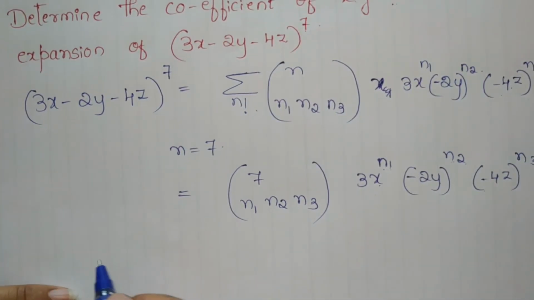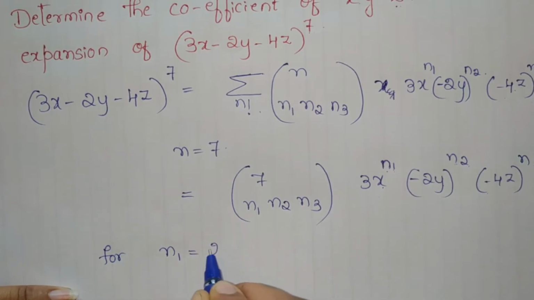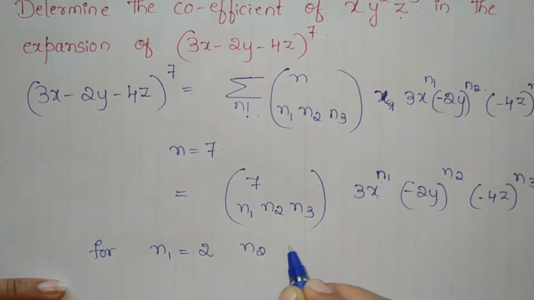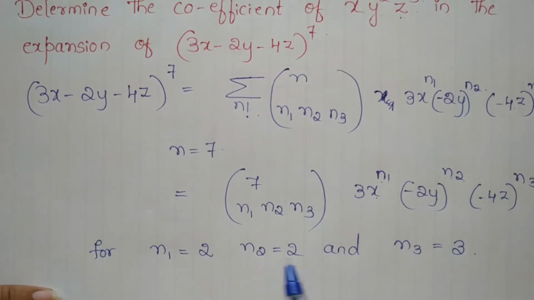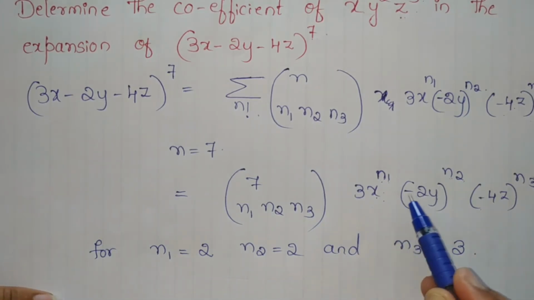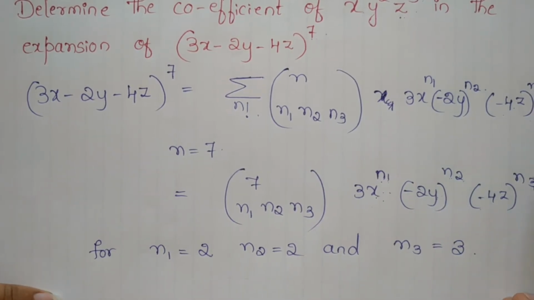So for n1 equal to 2, n2 equal to 2 and n3 equal to 3, you will get the term as x square y square z cube, right?